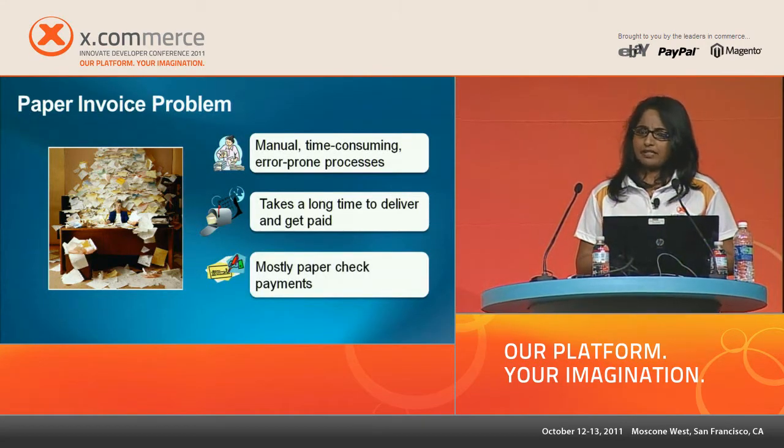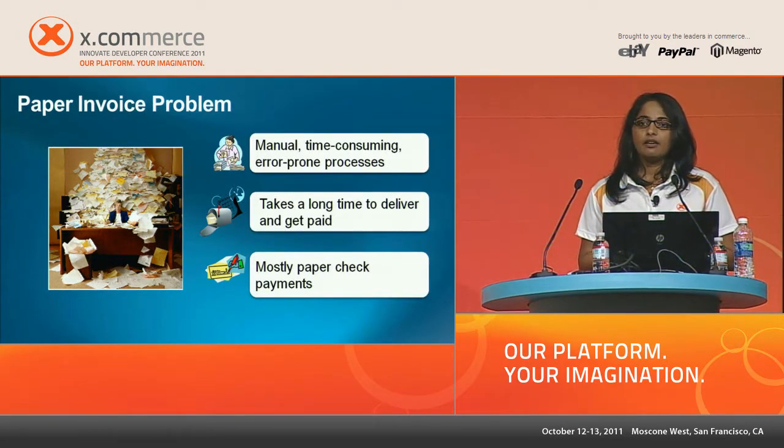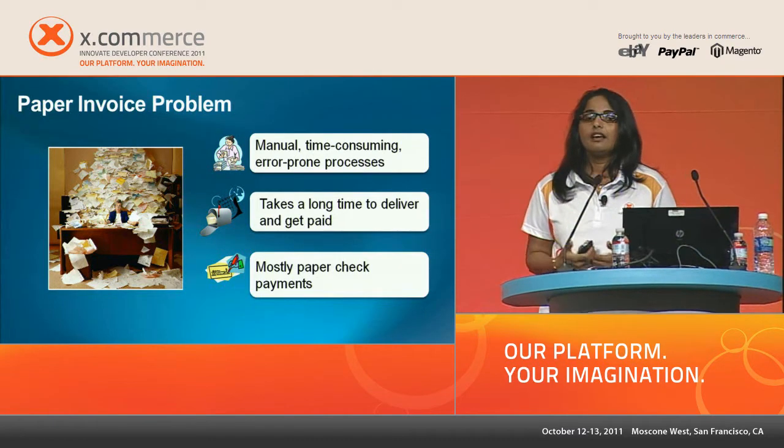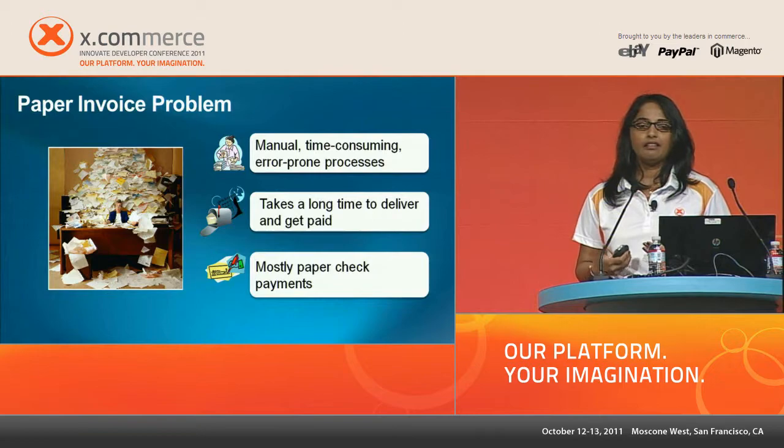Most of the payments that they receive is also via check, right? And so that doesn't render itself to quick payments. And so you're really waiting for the check to come in.